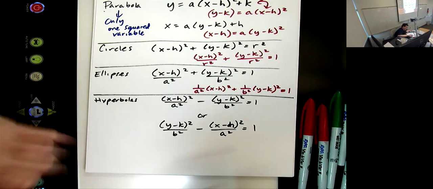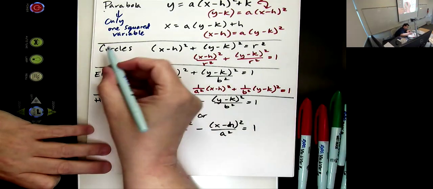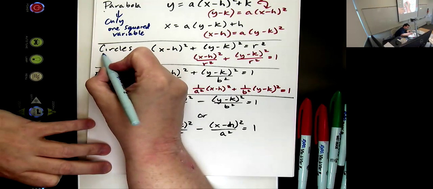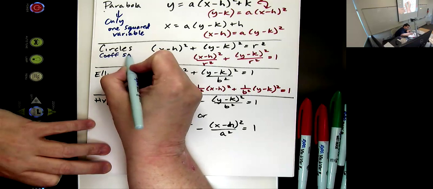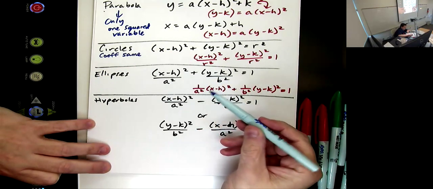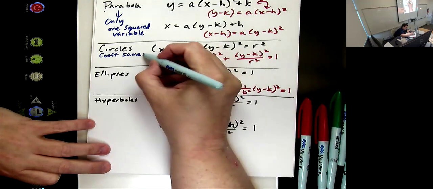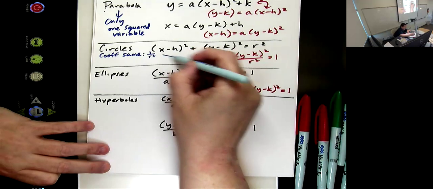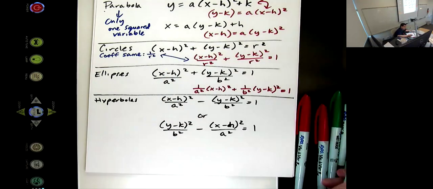So here, all of these have both squares. So here, coefficients are the same, the numbers in front, which is effectively 1 over r squared if I write it in this form. And they're both positive.